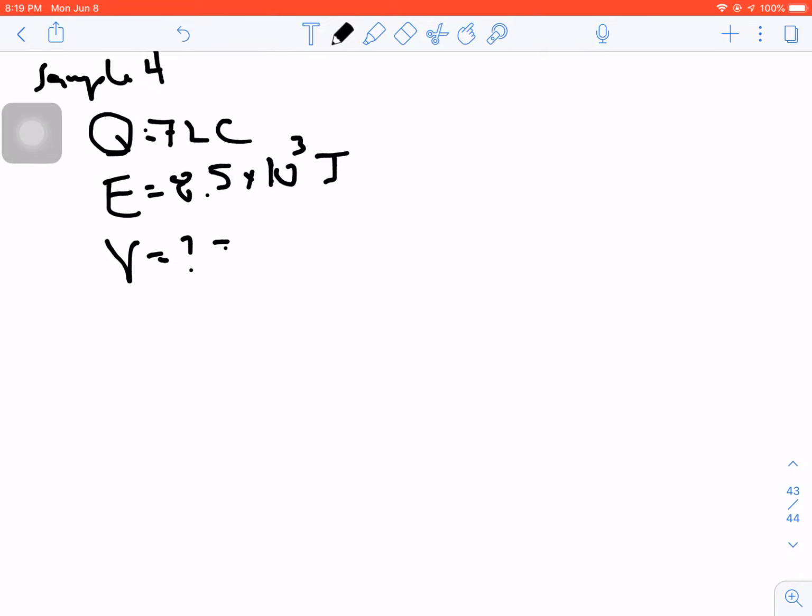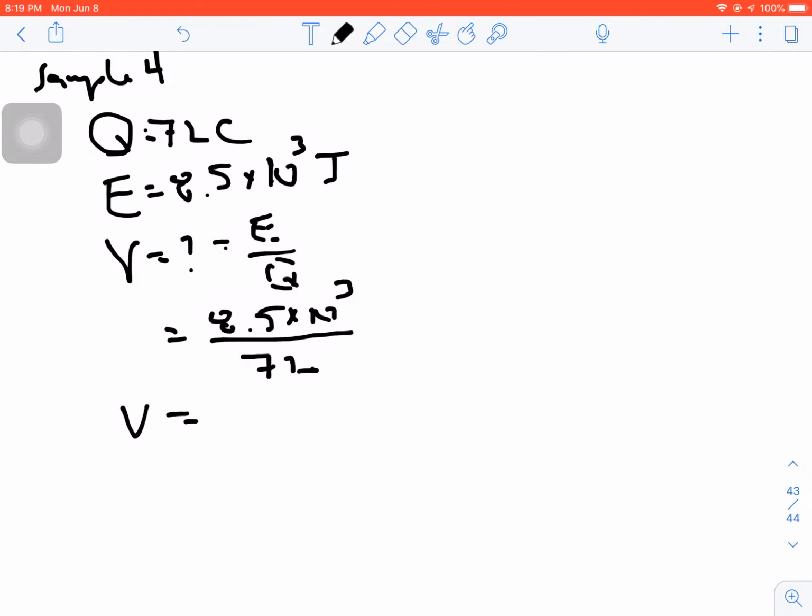So voltage is equal to the energy carried by electrons divided by the number of charges or electrons. If I substitute in now, I get 8.5 times 10 to the power of 3 divided by my 72 coulombs, and I'm getting 1.2 times 10 to the 2 volts.